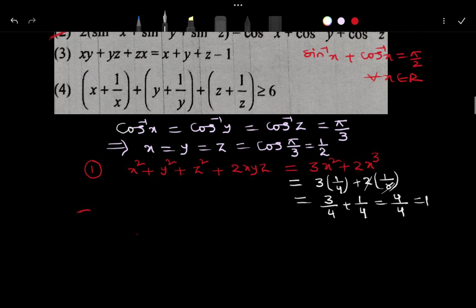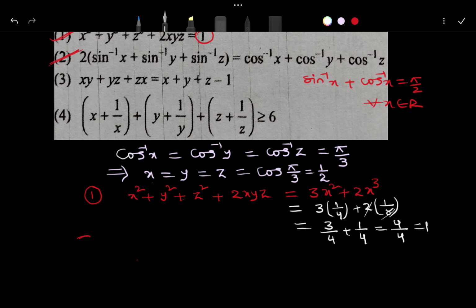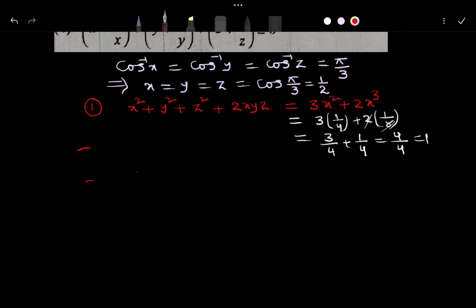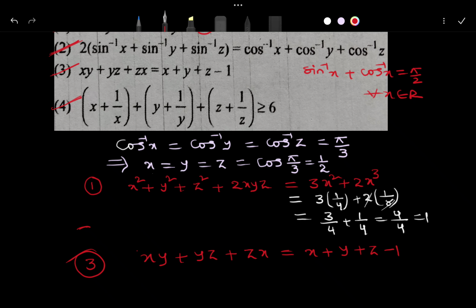Option 4 is the right answer. Option 3, you check whether it is correct or wrong. So what is option 3? Option 3 is x into y plus y into z plus z into x should be equal to x plus y plus z minus 1. This is option 3.